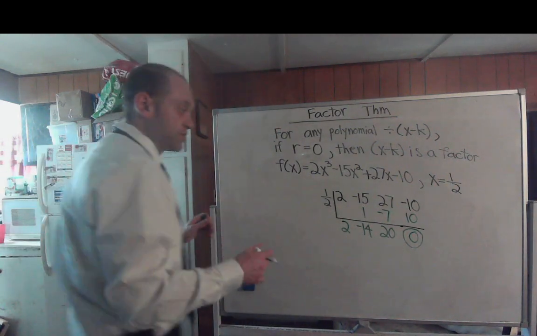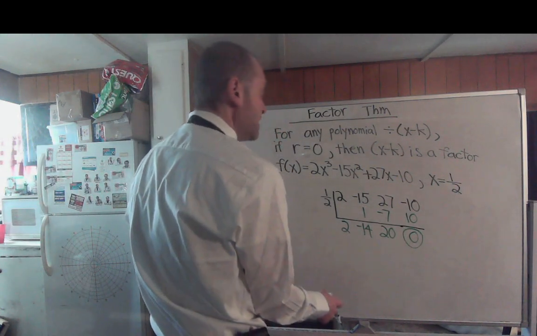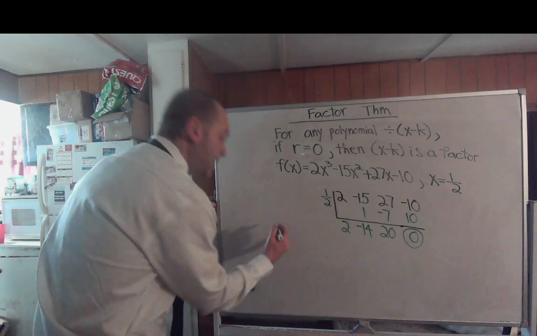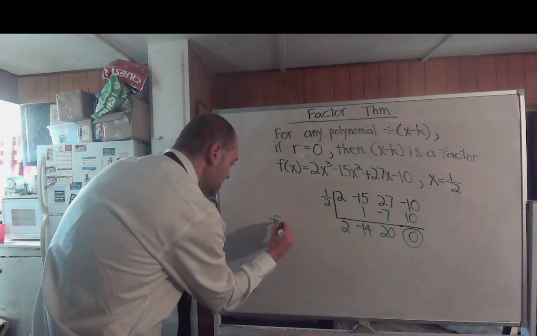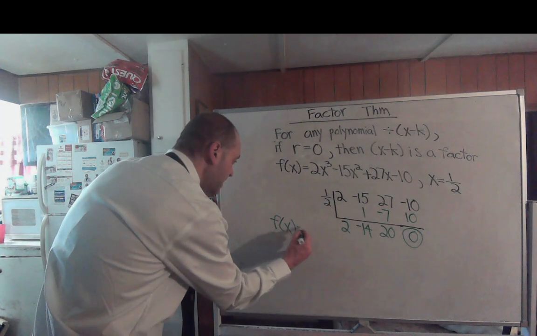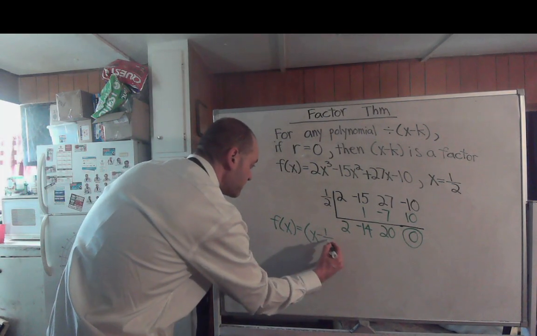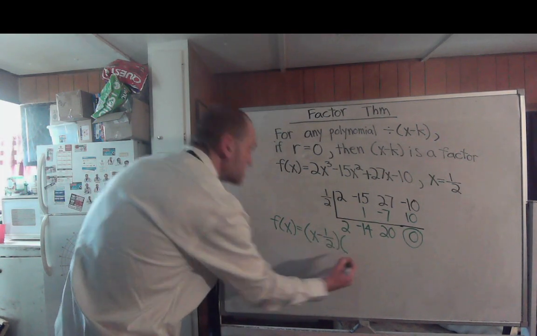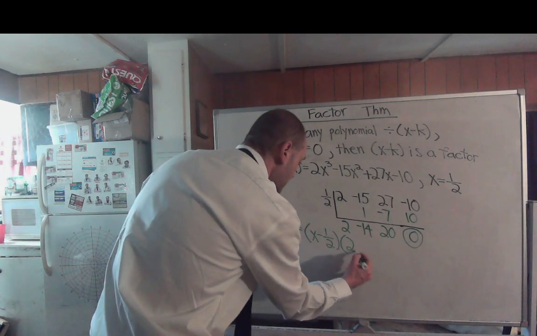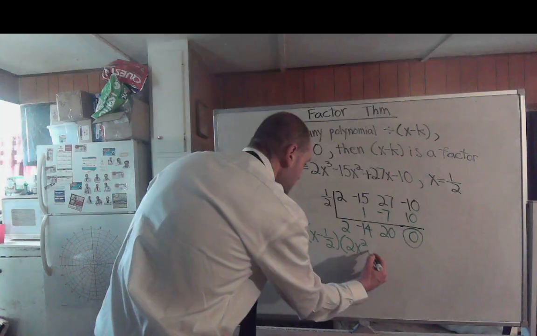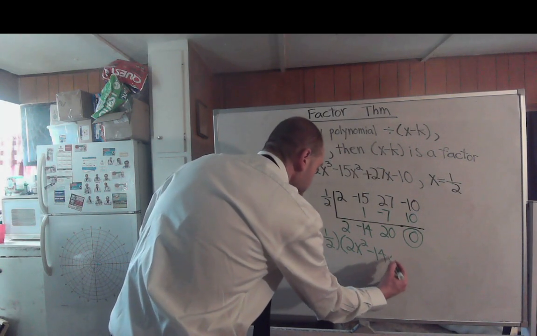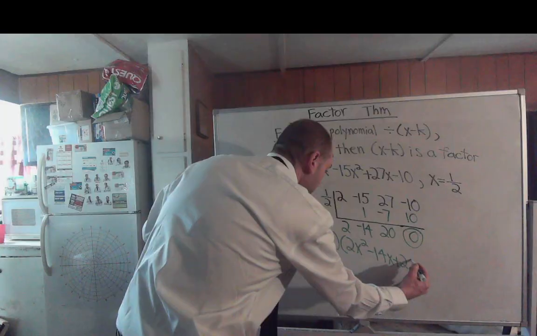By the factor theorem, that 0 remainder means that x minus 1/2 is a factor of the polynomial. So this would factor into f of x equals x minus 1/2 times 2x squared minus 14x plus 20.